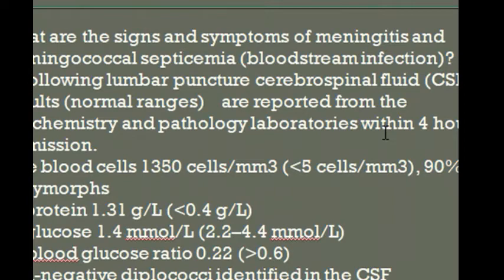In this case, imaging with computed tomography or MRI is recommended for selected patients to detect brain shift. Patients who are immunocompromised, have a new onset of seizure, or moderate to severe impairment of consciousness should also not undergo lumbar puncture. Instead they will undergo a CT scan or MRI.